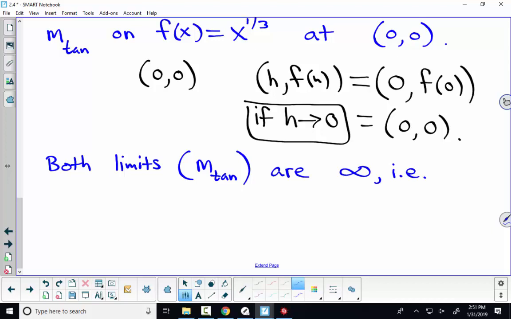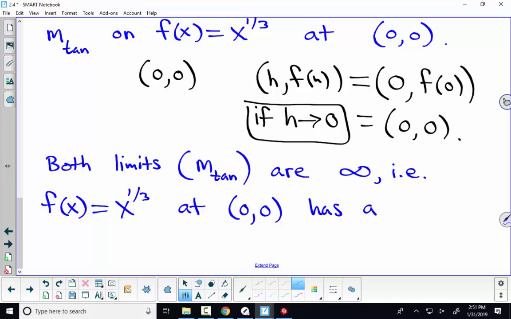That is, this function, f of x equals the cube root of x, where we measured the slope of the tangent line at (0, 0), has a vertical tangent.